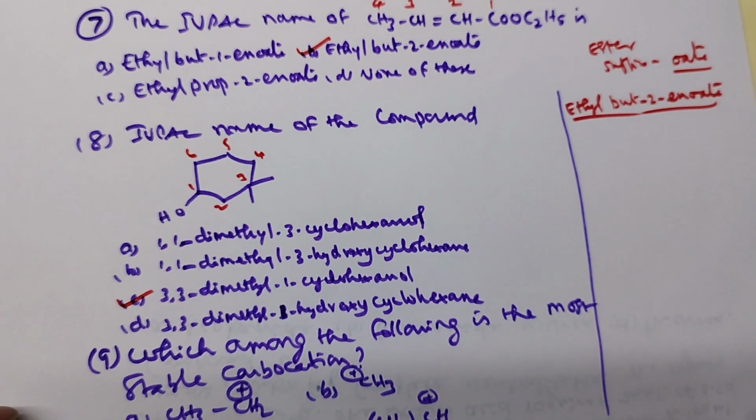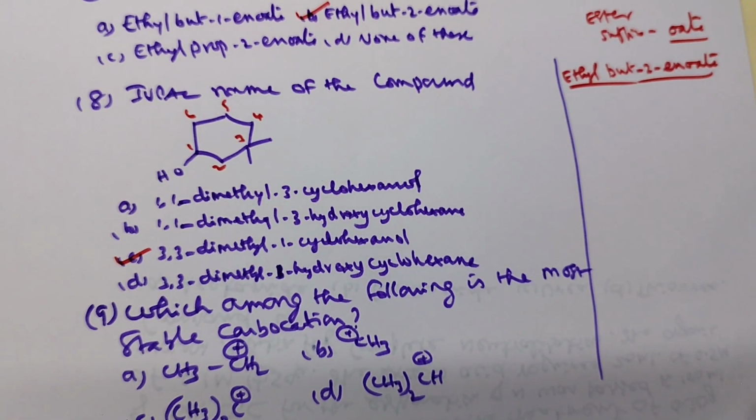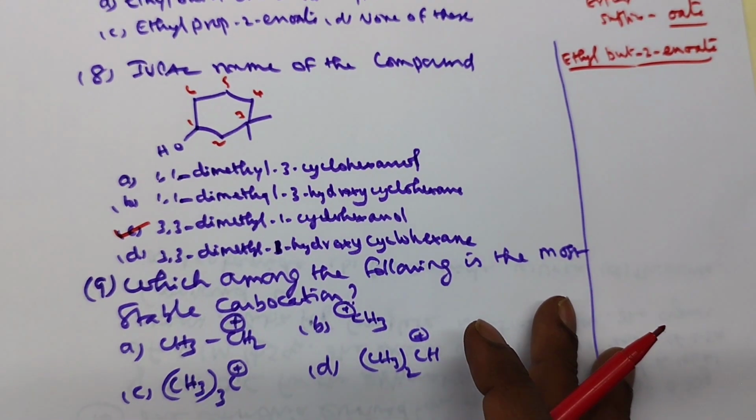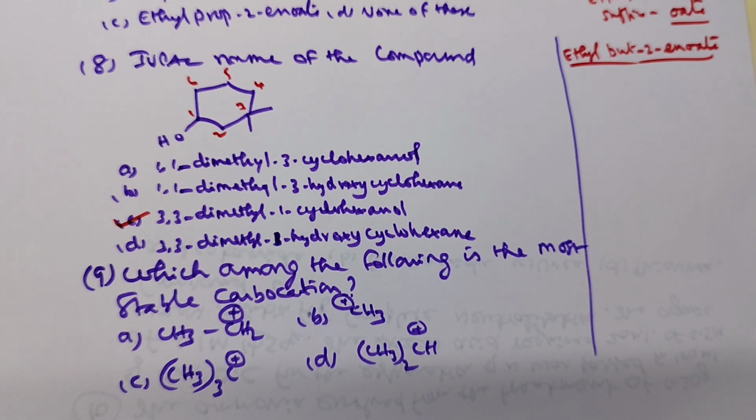Next one. Which of the following is the most stable carbocation? We have to identify the most stable carbocation. This is explained on the basis of the hyperconjugation effect. This carbocation has the possibility of resonance structures.